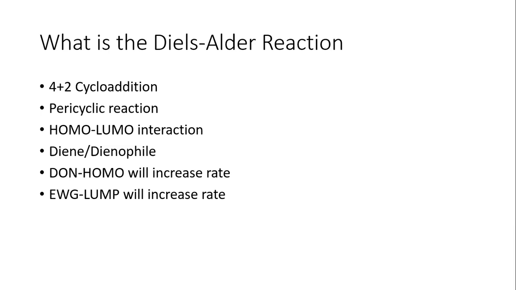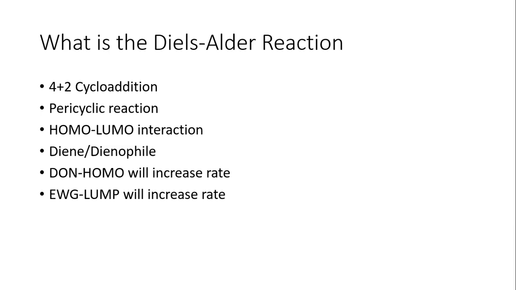We talked about that when we dealt with MO theory, about how to increase the rate of a reaction where molecular orbitals are involved: you perturb the HOMO or the LUMO, right? You can add a donor to the HOMO to raise its energy, or add an acceptor to the LUMO to lower its energy, so that you lessen the gap between the HOMO and the LUMO.